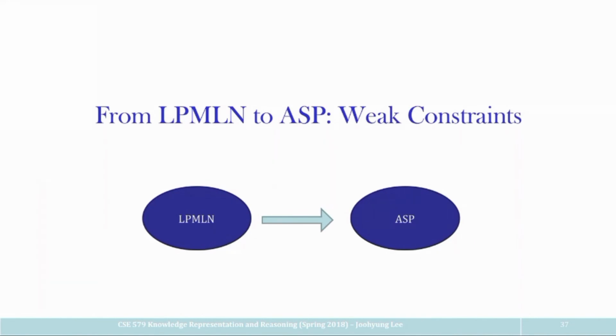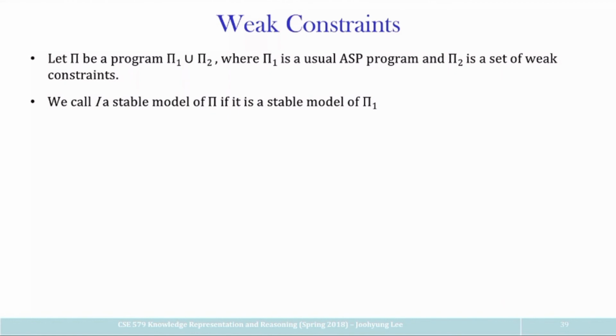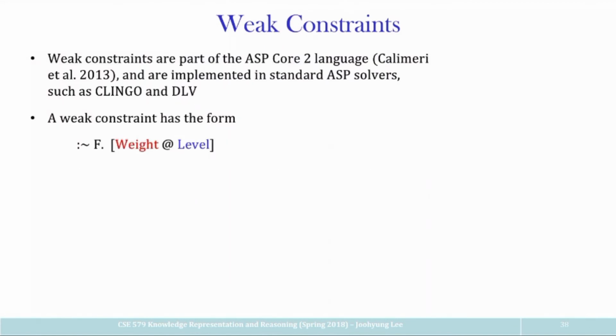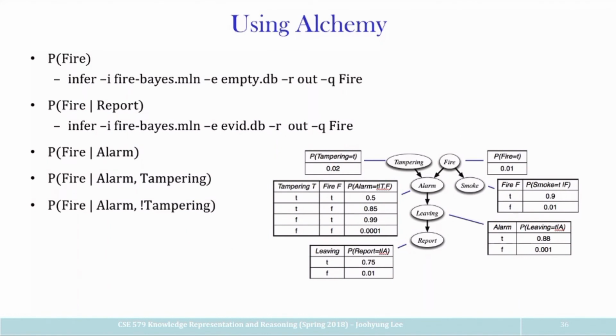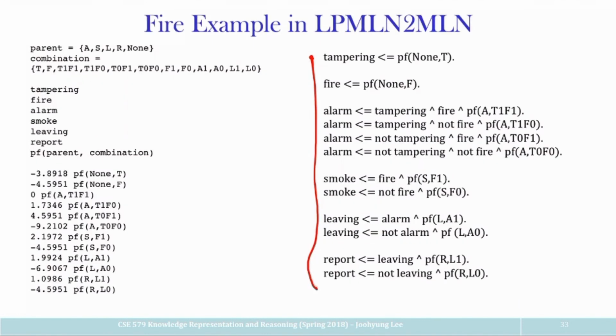All right, the next topic is actually LPMLN to ASP. I'm not going to go into the detail. I don't have time to do so, so we'll come back to this later. But let me just mention one thing. In the case of LPMLN to MLN, we know that this is limited to tight programs. For non-tight programs, this method does not work. It's actually an active research area where we can generalize this computation to non-tight programs using the method of Alchemy.